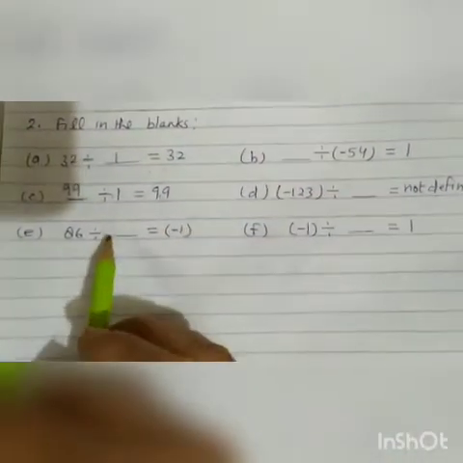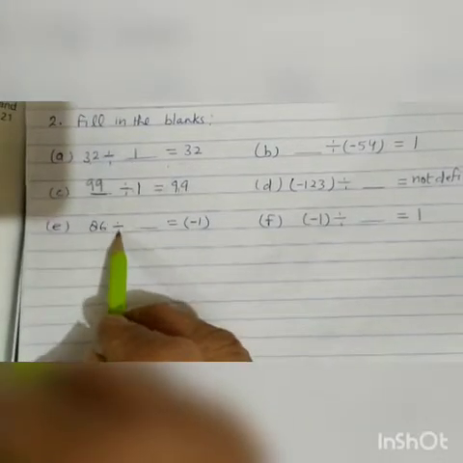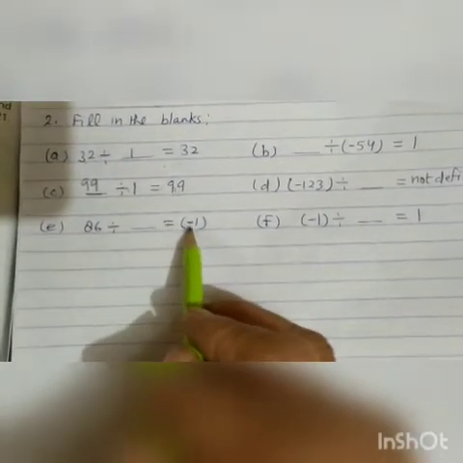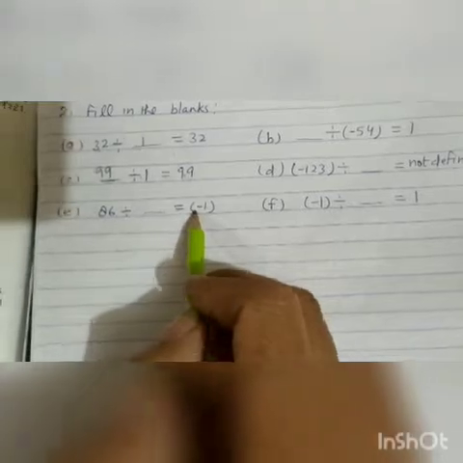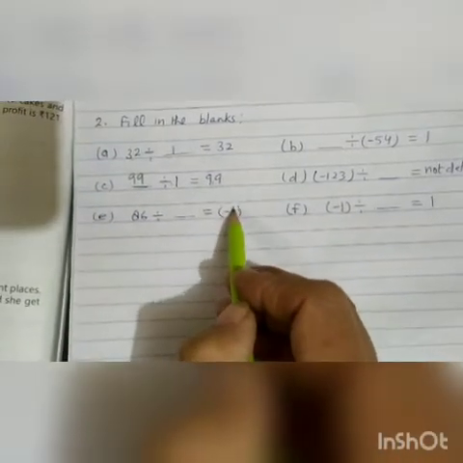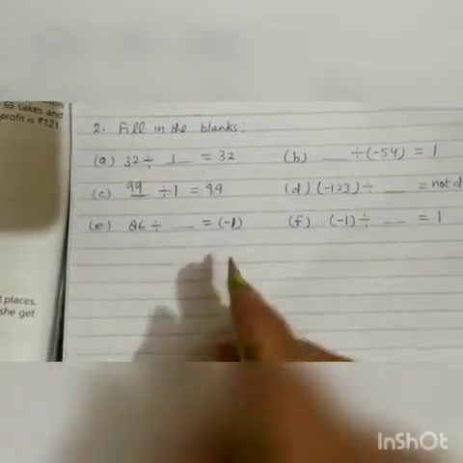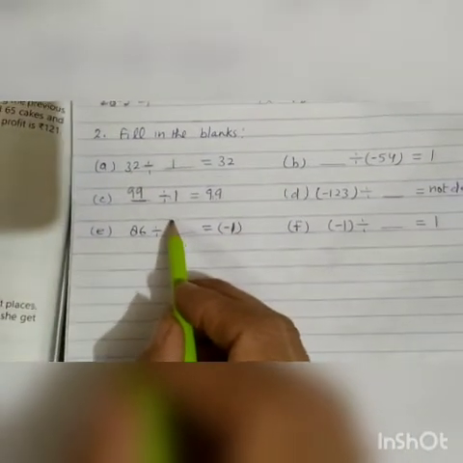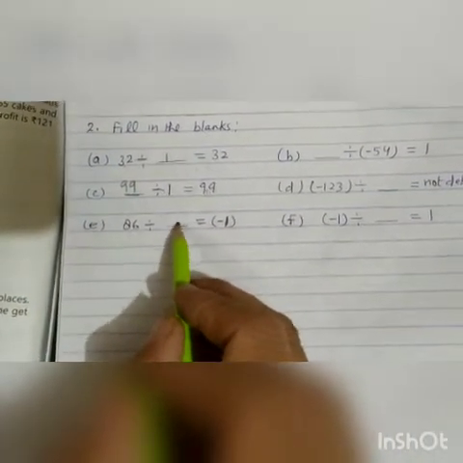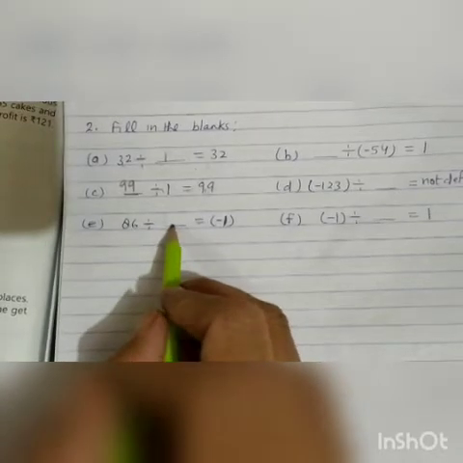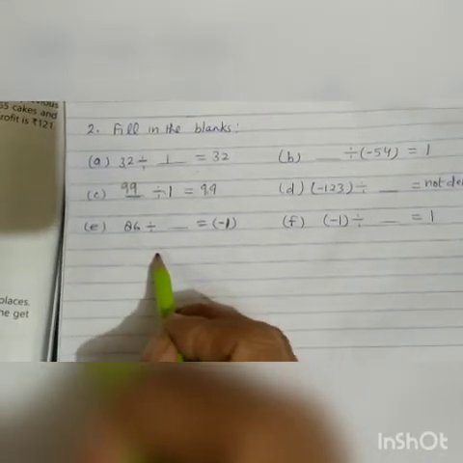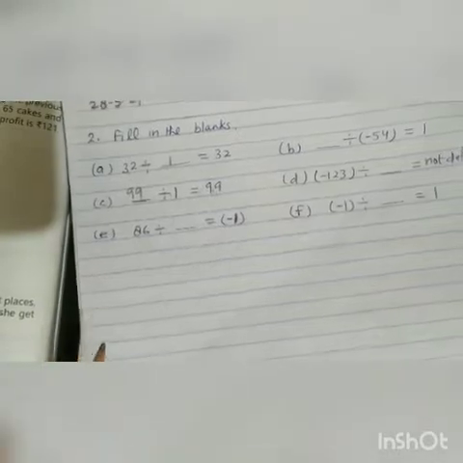Now this one, 86 divided by fill in the blank, and your answer is minus 1. We need the answer minus 1. Students, its proper method is, if we have to find this number, the divisor by which we have to divide, then we can multiply it like this.